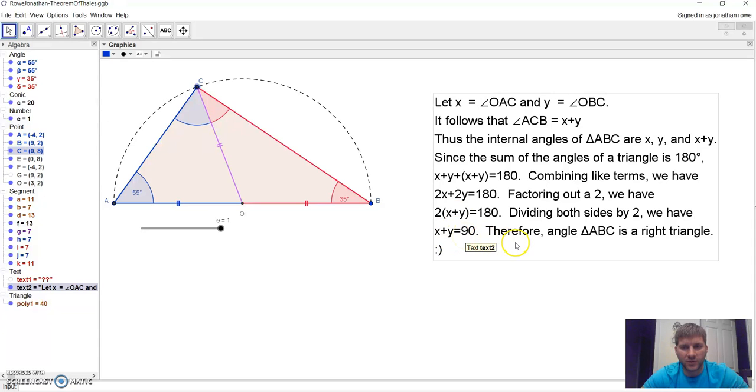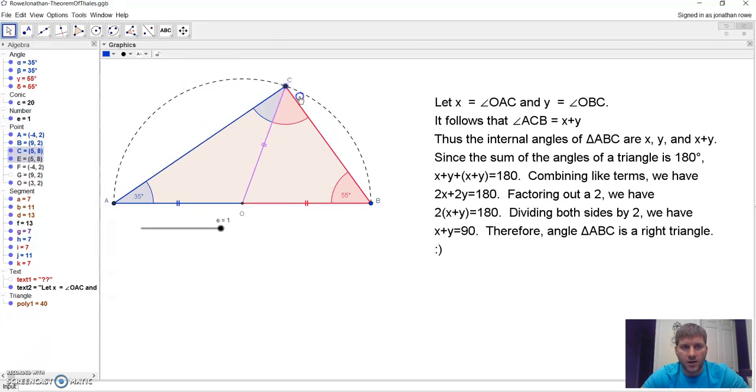And remember, x plus y is angle ACB. So no matter what, angle ACB, whatever these other two angles are, will always be 90. Therefore, we can say that triangle ABC is a right triangle. And that is the Theorem of Thales.